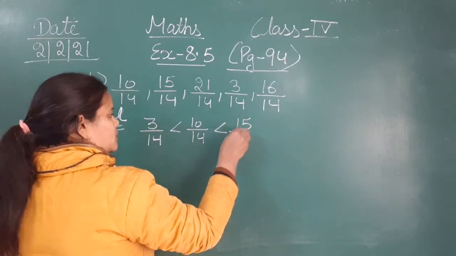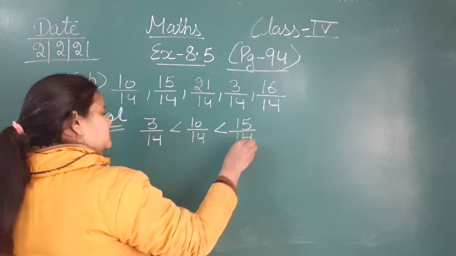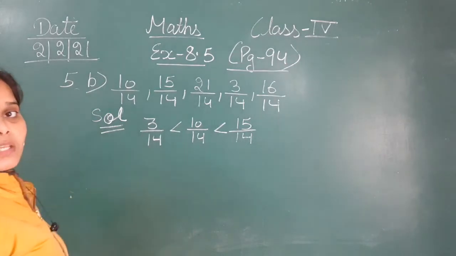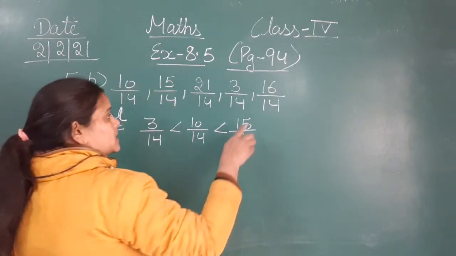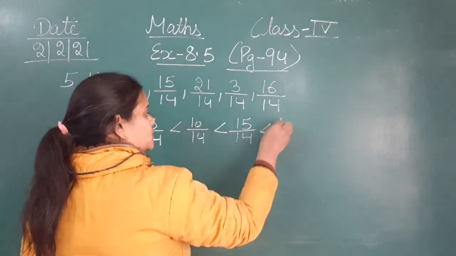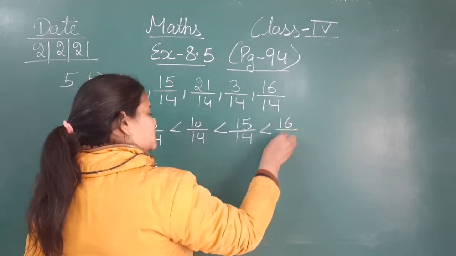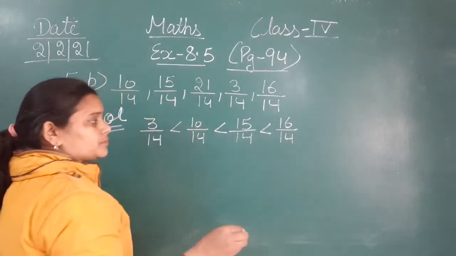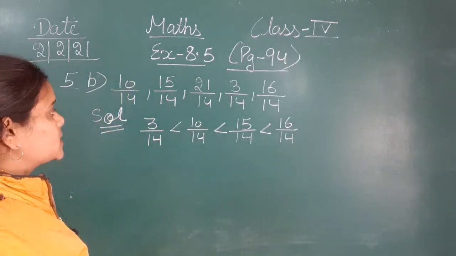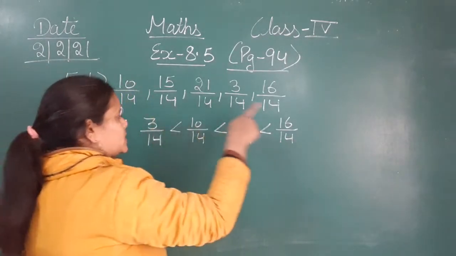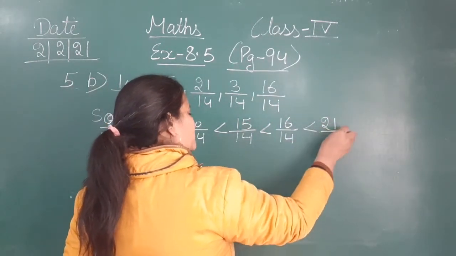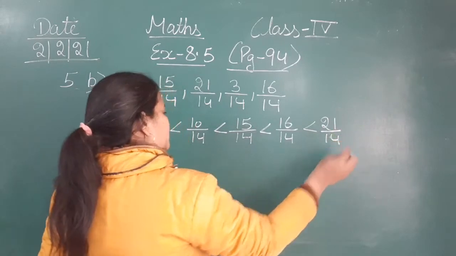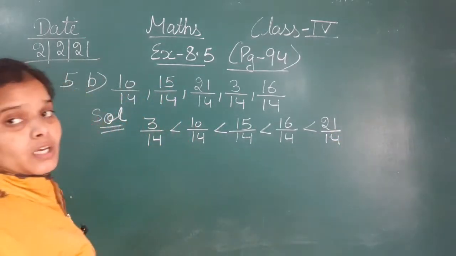After 15 upon 14, the next is 16 upon 14. Next, the largest fraction in all these given fractions is 21 upon 14.